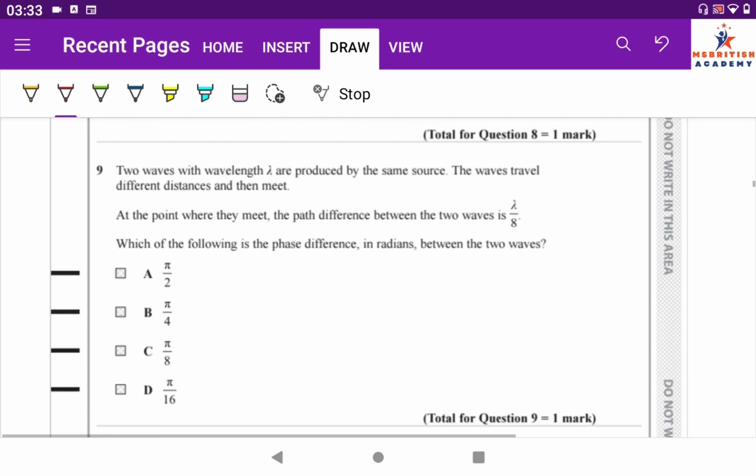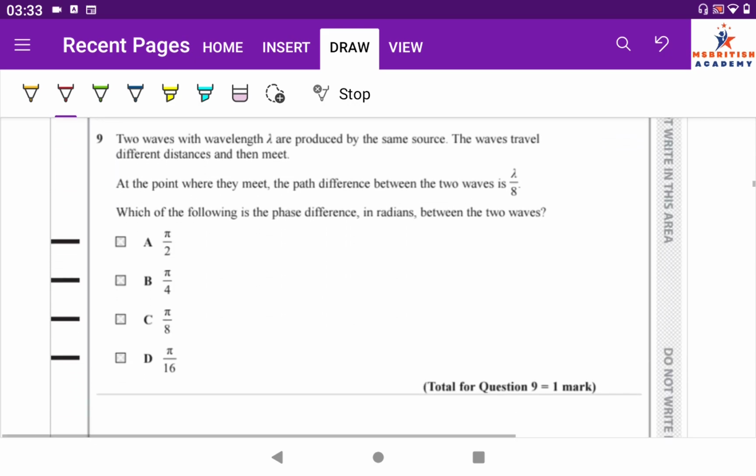Question number 9 now. Two waves of wavelength lambda are produced by the same source. Same source means we can say that the waves are coherent. Okay, the waves travel different distances and then meet.